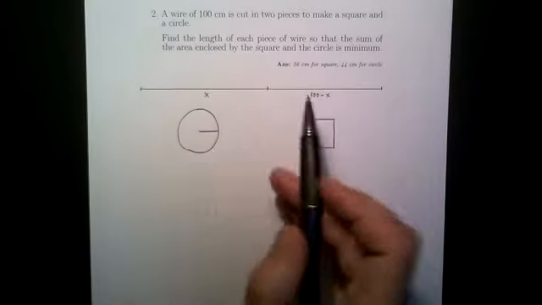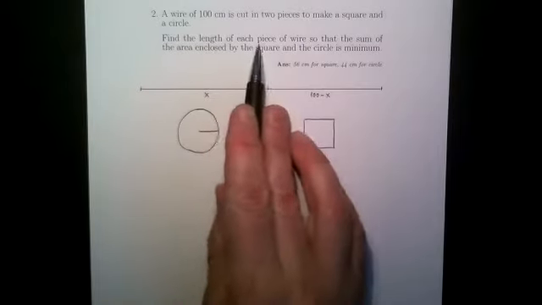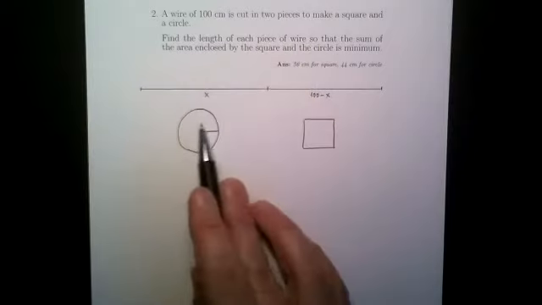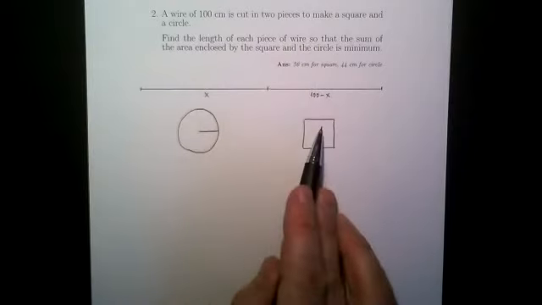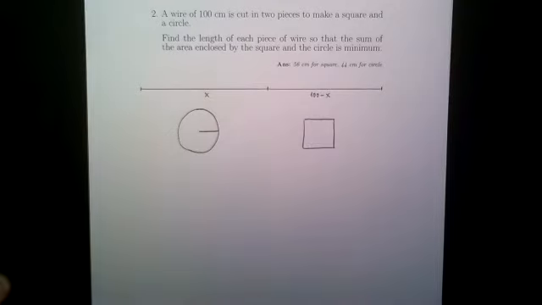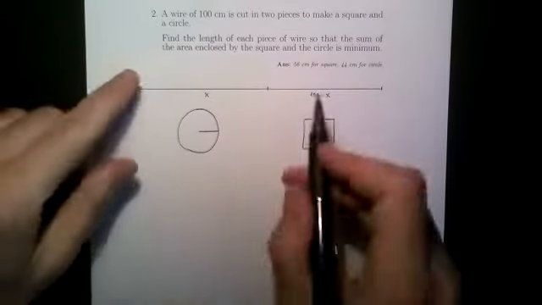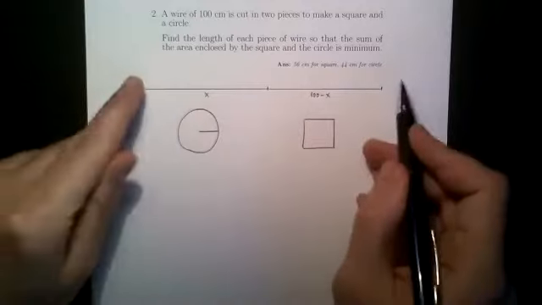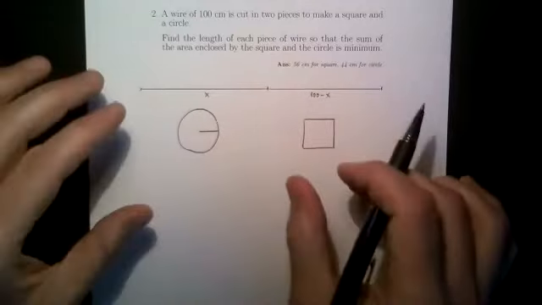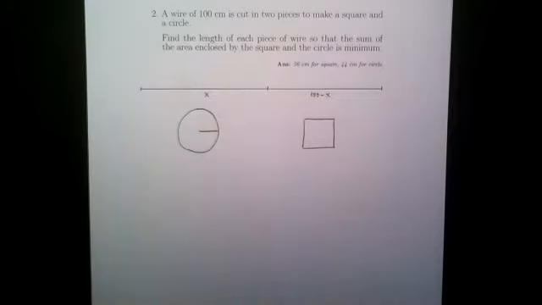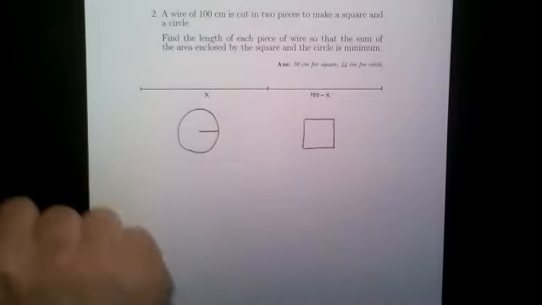I want to find the length of each piece of wire so that the sum of the areas is at a minimum. So I want the smallest possible area. I could either use everything up to make a circle, or everything to make a square, or do a combination of the two to minimize the total area.